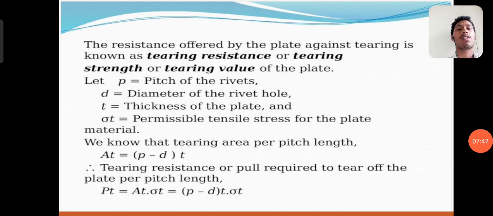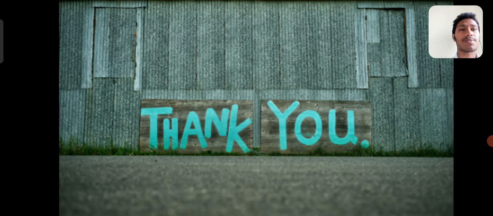Overall, the basic formula of the tearing resistance, tearing strength, or tearing value is Pt equals At into sigma t equals (p minus d) into t into sigma t.